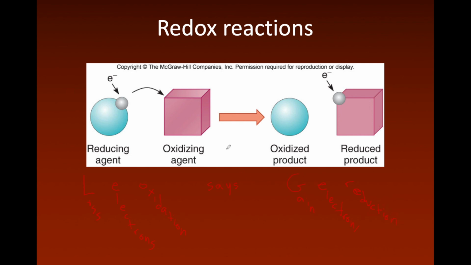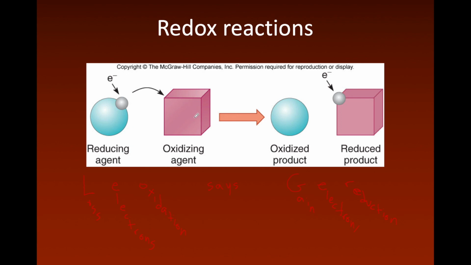So in this picture, the blue guy has lost an electron, so it has been oxidized. The red guy has gained an electron, so it has been reduced. You can also call this the reducing agent because it reduces this one by passing its electron over. This is the oxidizing agent, etc.